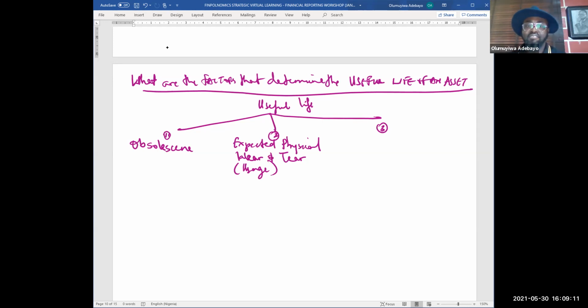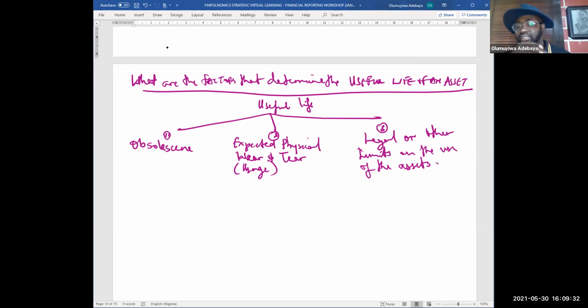Okay, another factor you look at is the legal factor or other limits on the use of the asset.